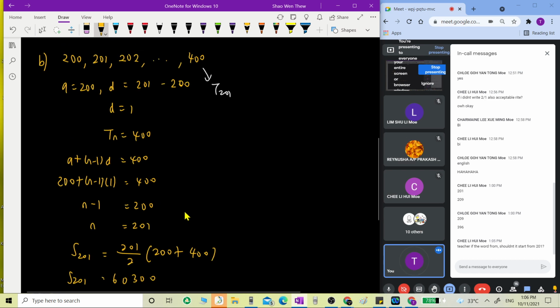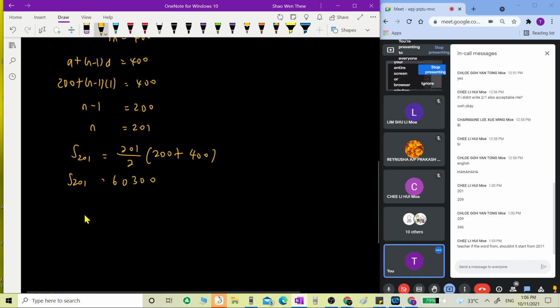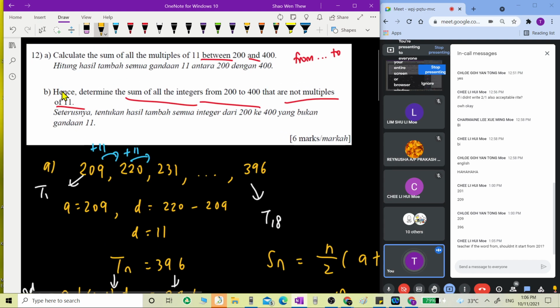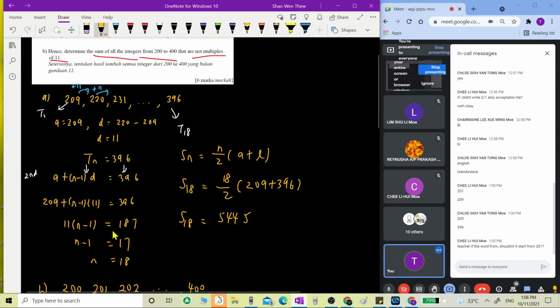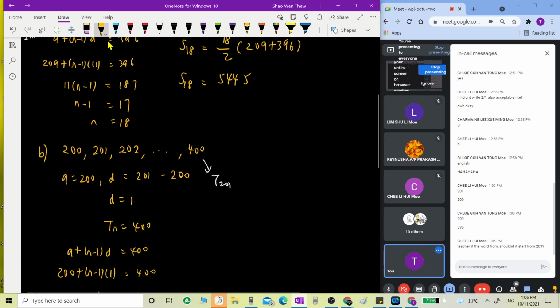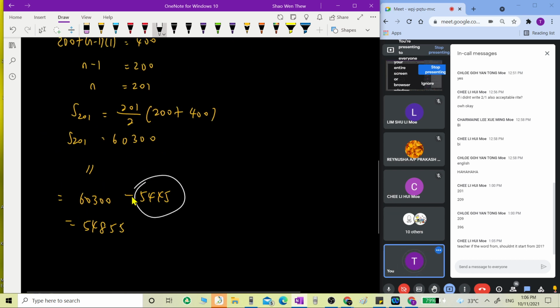Because we want to find the sum of all integers not multiple of 11, I suggest you write the title first. Then you use the number here minus 5445. So you get this answer. Remember, the word hence means that you no need to do all these things again for part B. You only need to take the answer here, 5445, into this one.